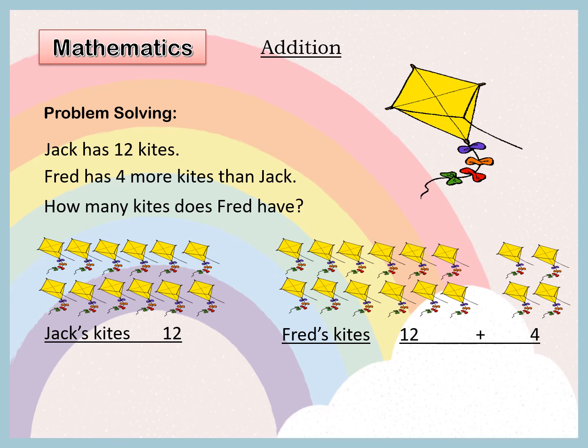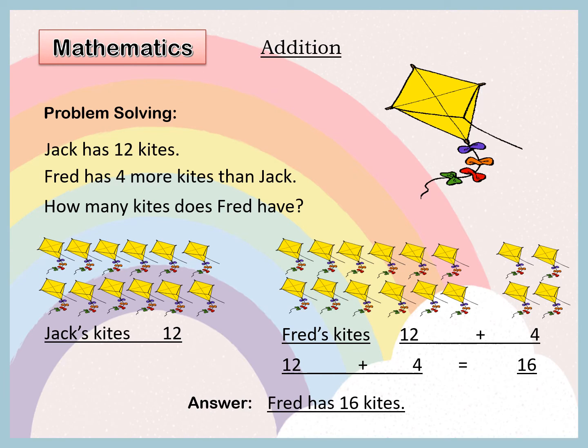So Fred has 12 kites plus 4 more kites. So this is the number sentence. We have 12 plus 4. 12 plus 4 equals 16. So Fred has how many kites altogether? Fred has 16 kites. Fred has 16 kites altogether.